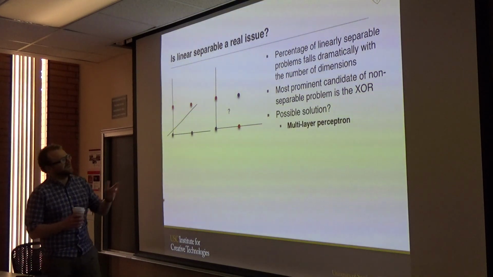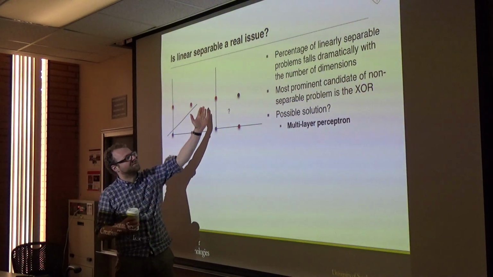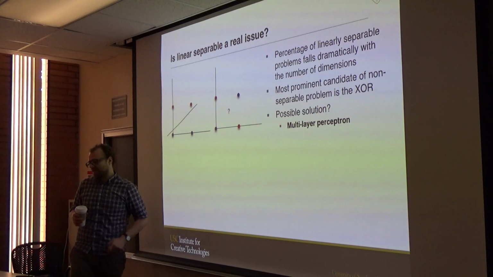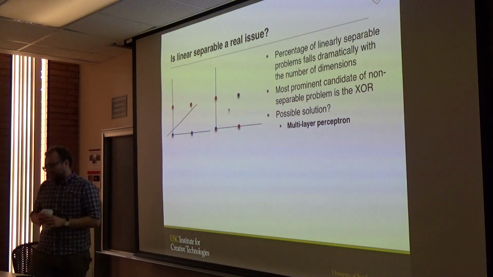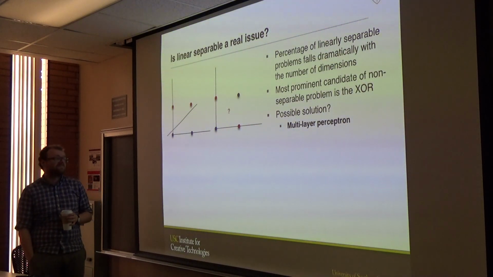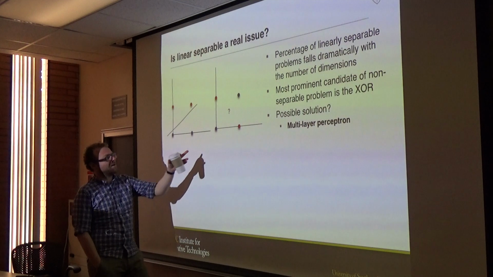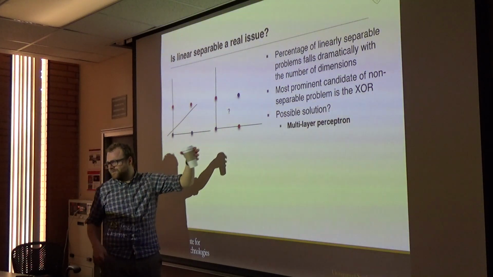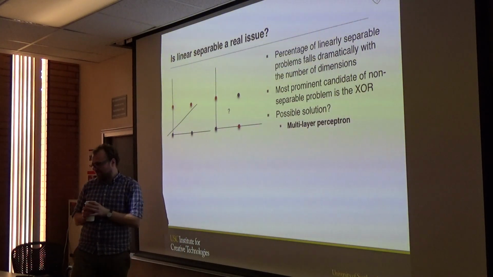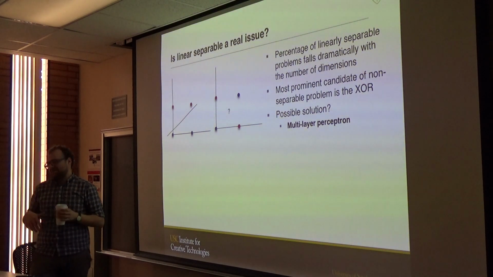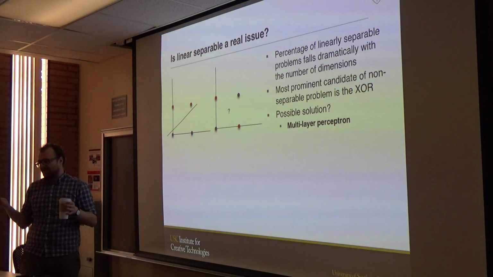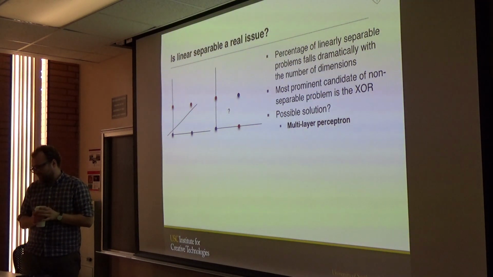And you can maybe say, okay, if you have 2 dimensions, you don't really have that many non-linearly separable problems. Well, in 2 dimensions you have the XOR problem and the inverse of the XOR problem, the not XOR or something like that. So that's only 2 out of 16 possible Boolean functions.